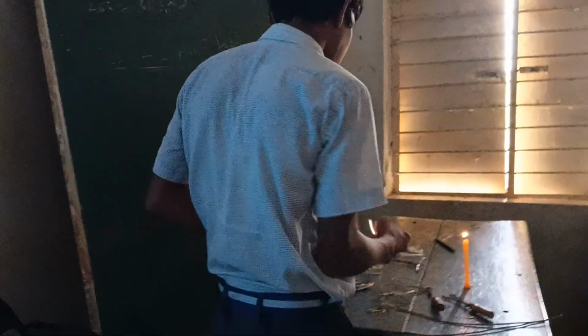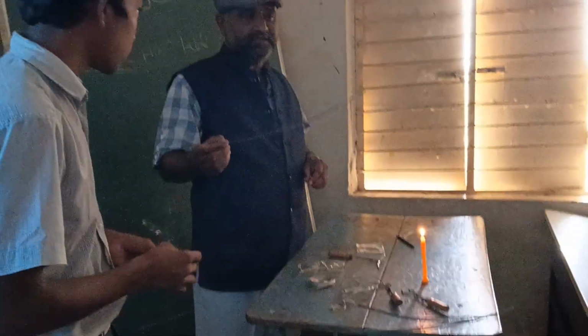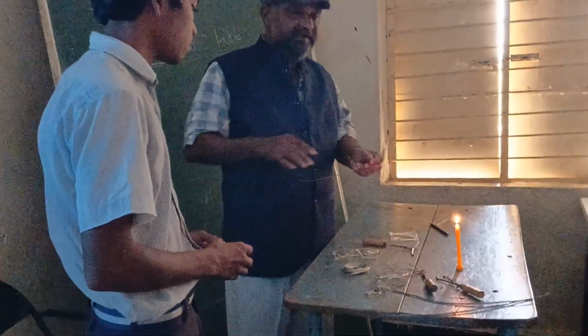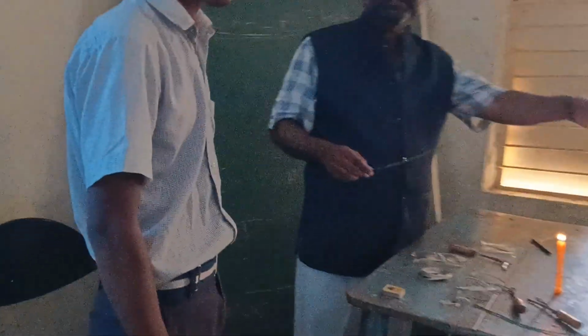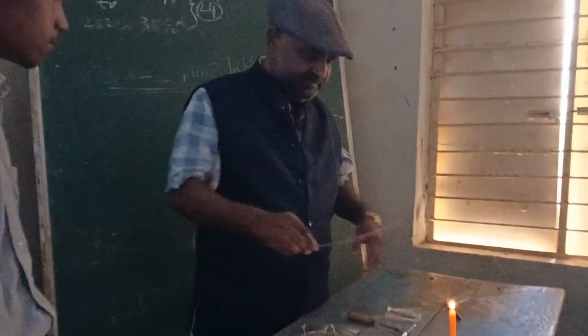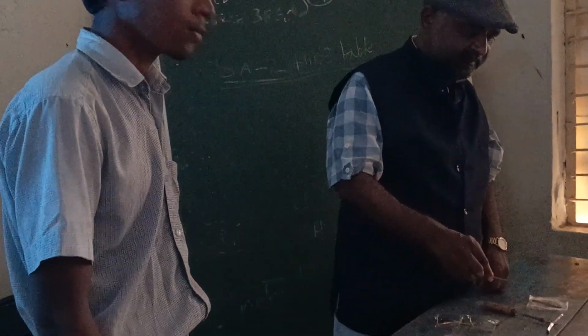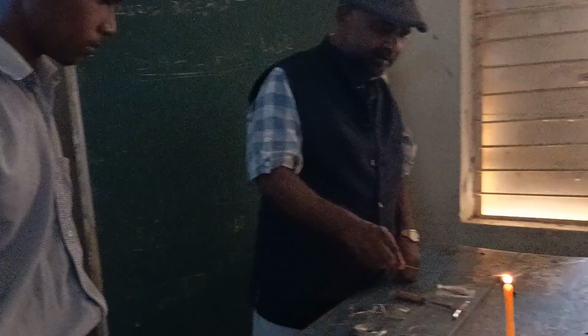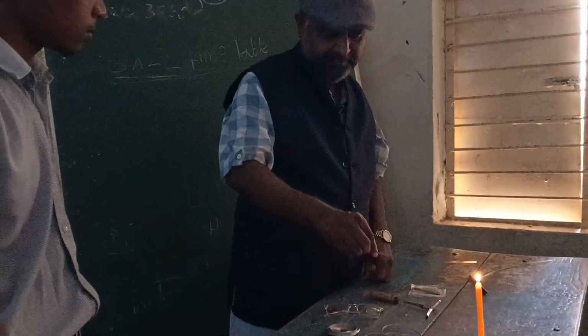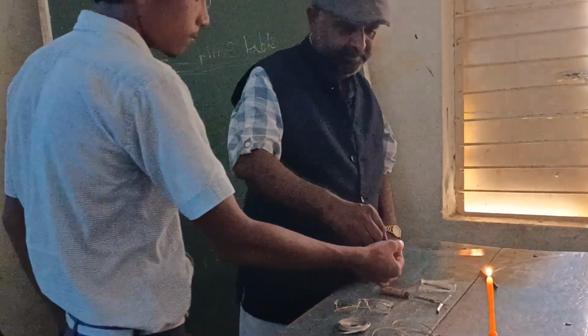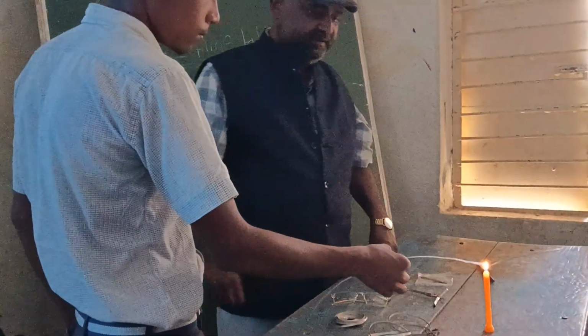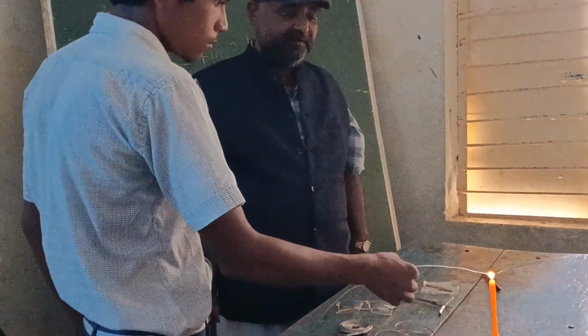I am taking this magnesium and burning in oxygen. What is surrounded here? Oxygen or not? Oxygen. So you just see, I am burning this magnesium ribbon. If you burn this magnesium ribbon, what happens?